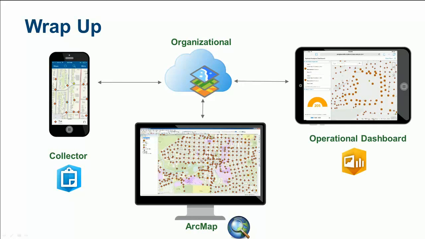This allowed field crews to access this information on their mobile device using Collector. As the hydrant inspections took place, managers could monitor the progress and identify trends using the operational dashboard. By using the ArcGIS platform, you can modernize the way your organization conducts asset inspections and provide up-to-date, accurate, and timely information across your entire organization.